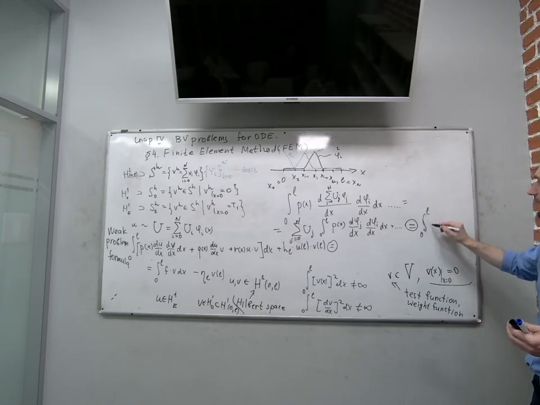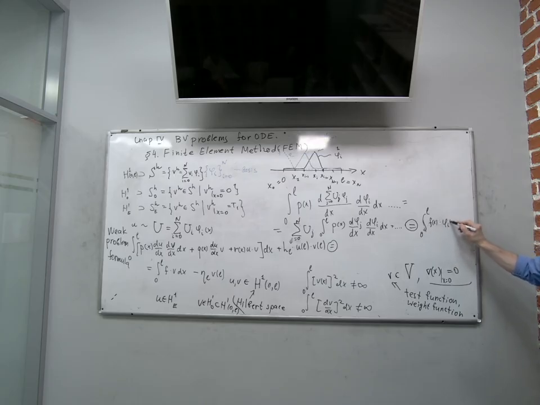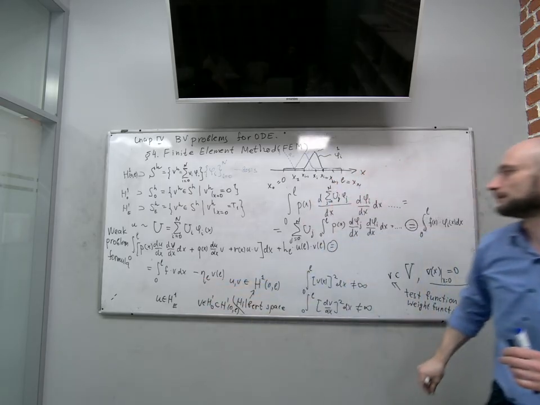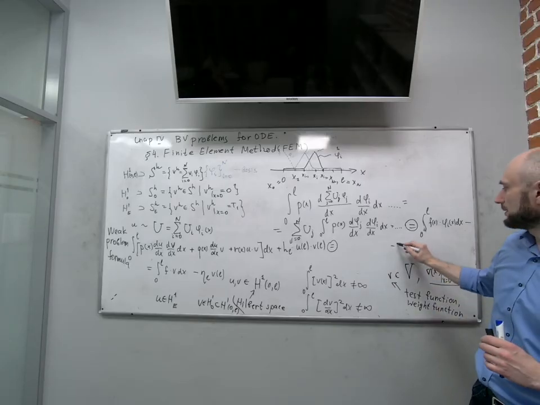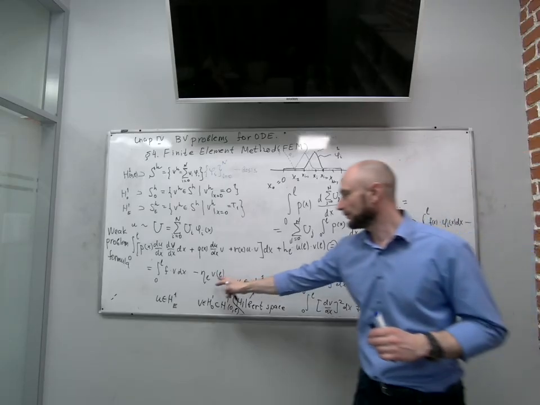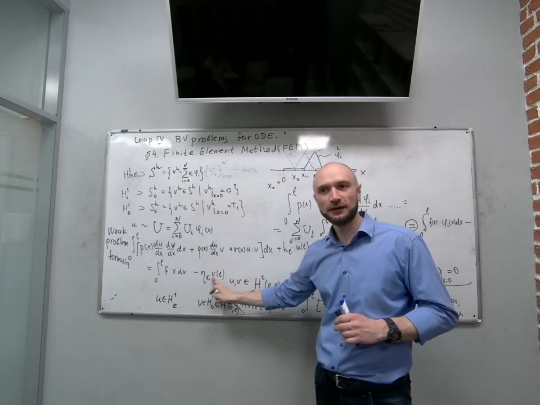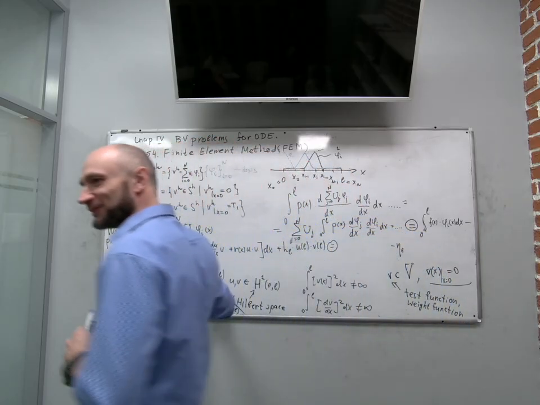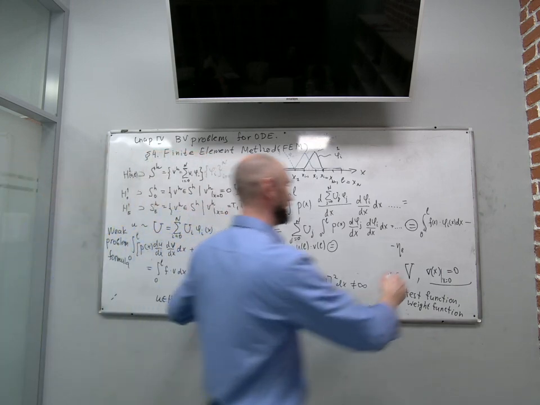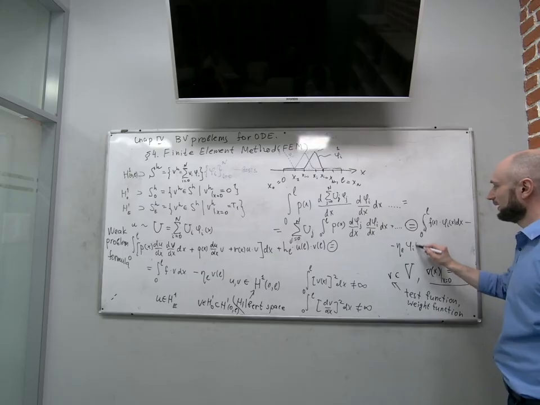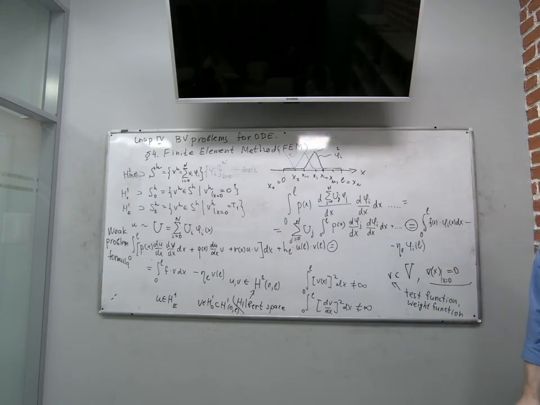Integral from 0 to L, v remains unchanged, f of x times phi i of x dx, minus eta L. Instead of v, I am putting what? I'm putting phi i, as well as in the rest of the equation, phi i of L. Okay?